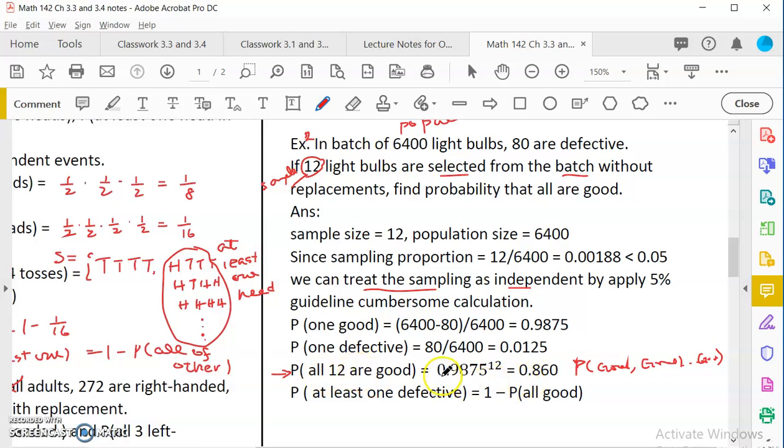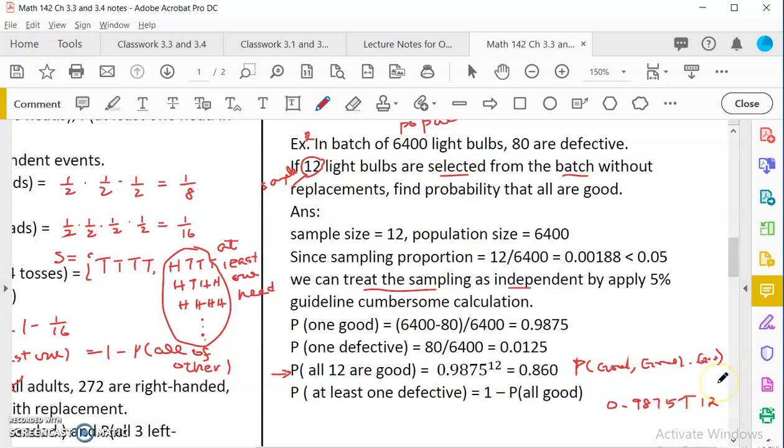So you would keep on multiplying 0.9875, 12 times. You will use decimals. We would use an exponent, and you put it in the calculator. In a calculator to do an exponent, you do 0.9875, up arrow, 12.